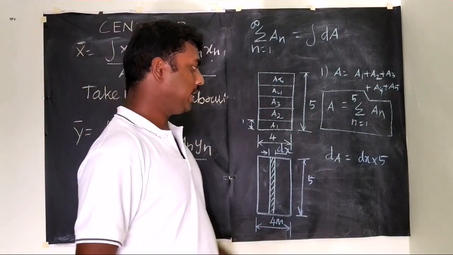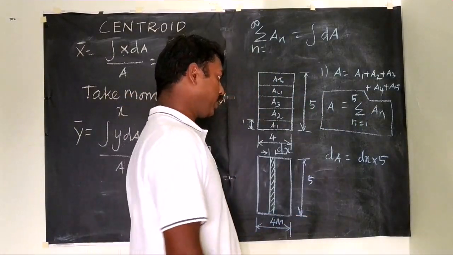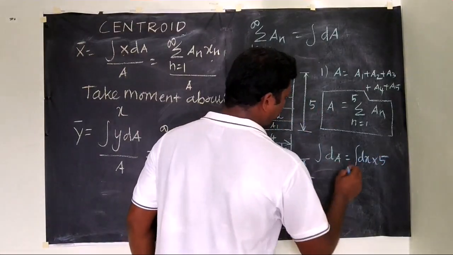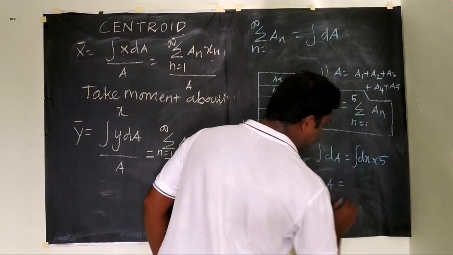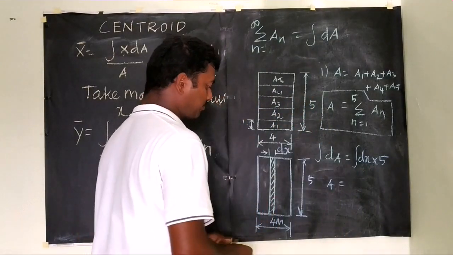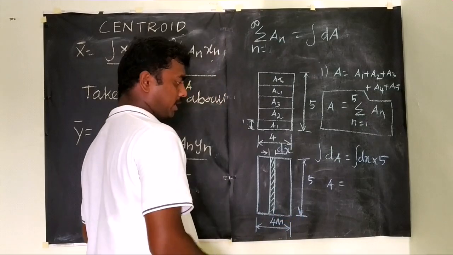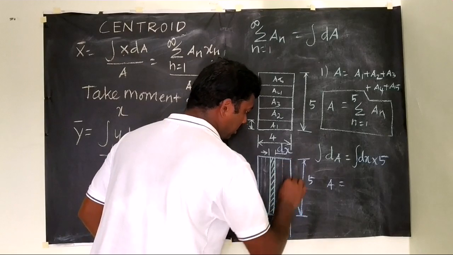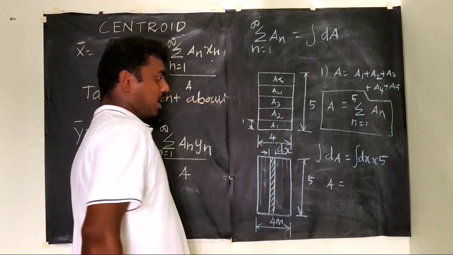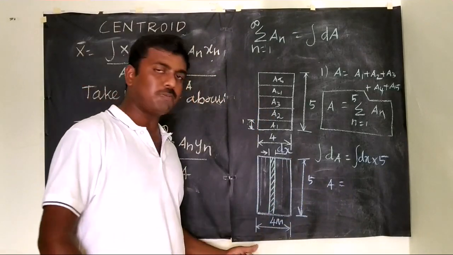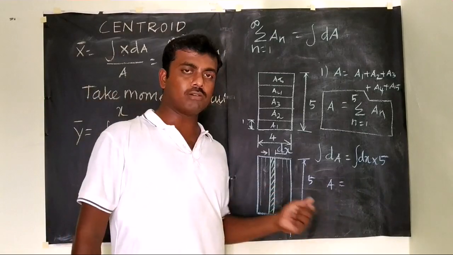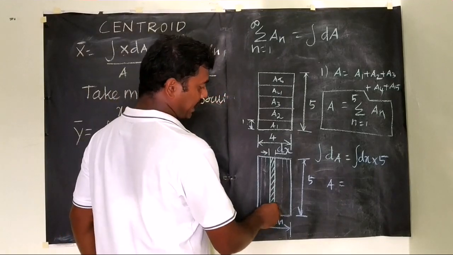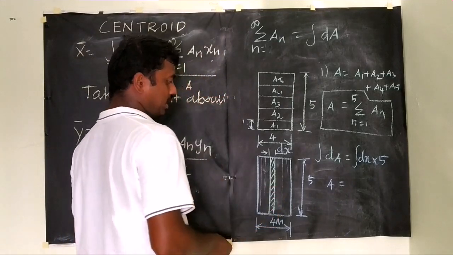Here I need the value of area. So apply integral on both sides. Then integral of dA will be A. Here this limit varies from 0 to 4, because we can take this strip anywhere along this x-axis. I am repeating again. Here the strip is taken along the x direction.